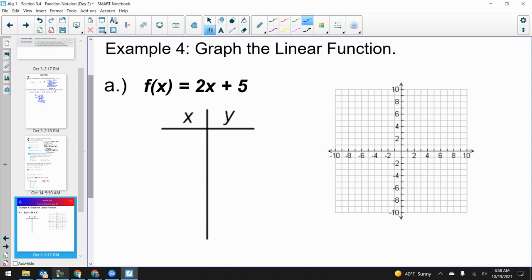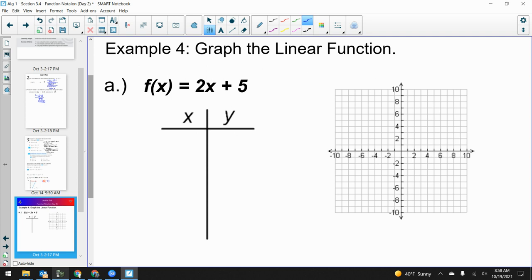No. Am I given a situation where negatives don't make sense? No. So what I'm saying is, I could pick any x value that I want, right? Because, what do I know about my domain? It's continuous. My domain is continuous because I can pick anything that I want, okay?